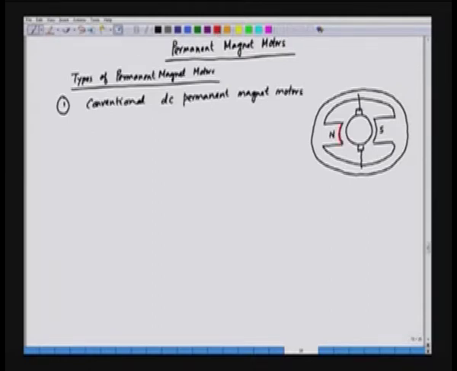Okay. And when we mount this permanent magnet, basically the magnet comes in piece, and this is north south, and these are the pole shoe, and similarly here we have the pole shoe and the magnet is placed here, we have south and north.